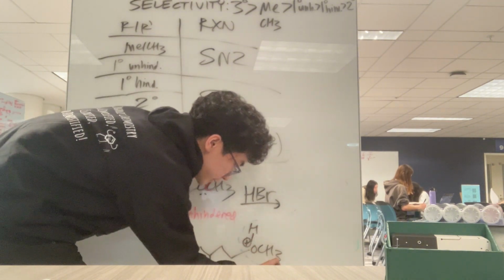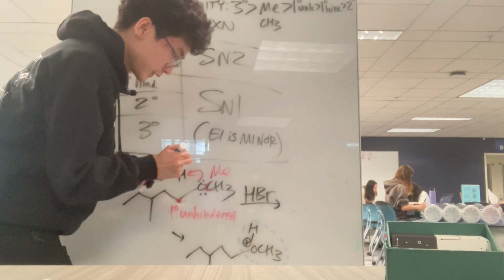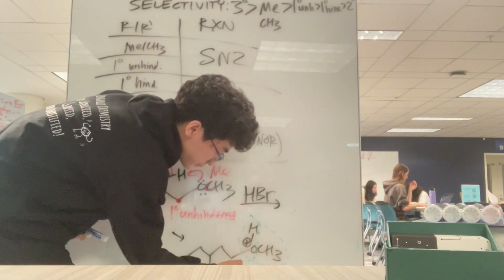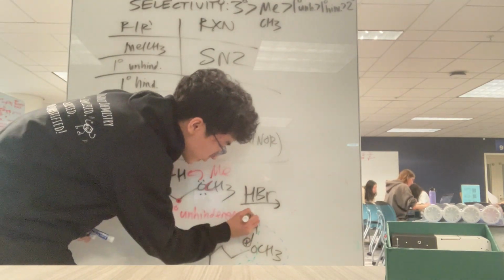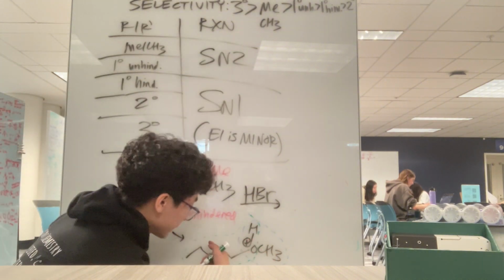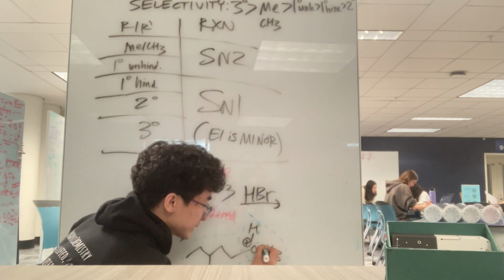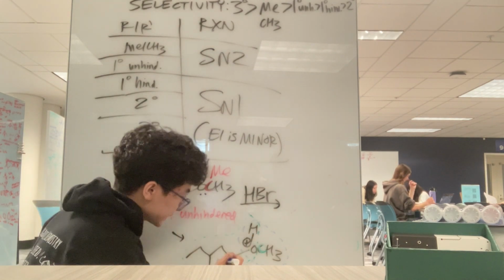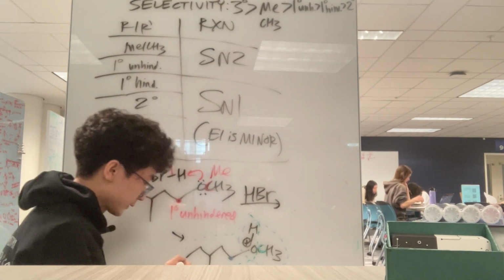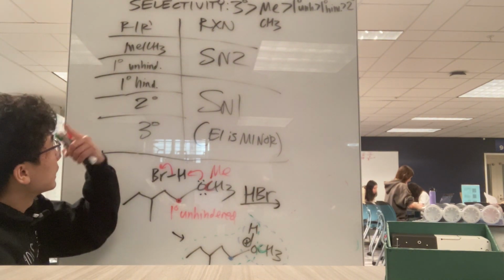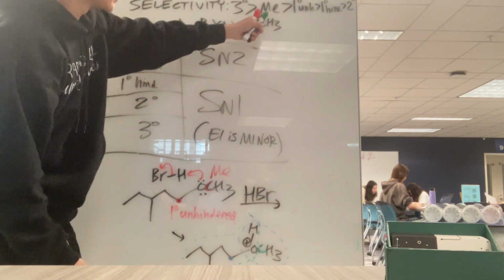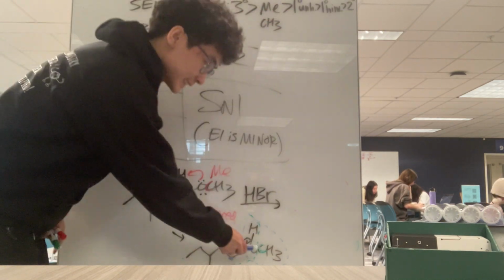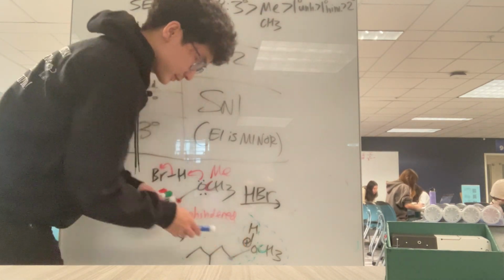This could be our good leaving group, or this could be our good leaving group, right? Meaning that if that green group is the good leaving group, this is the substrate. If the blue is the good leaving group, this is the substrate right here, right? So that's why we choose this ranking list right here to choose which one is going to be our substrate. Because the methyl is higher than primary unhindered, this is our substrate, this is our good leaving group, right?